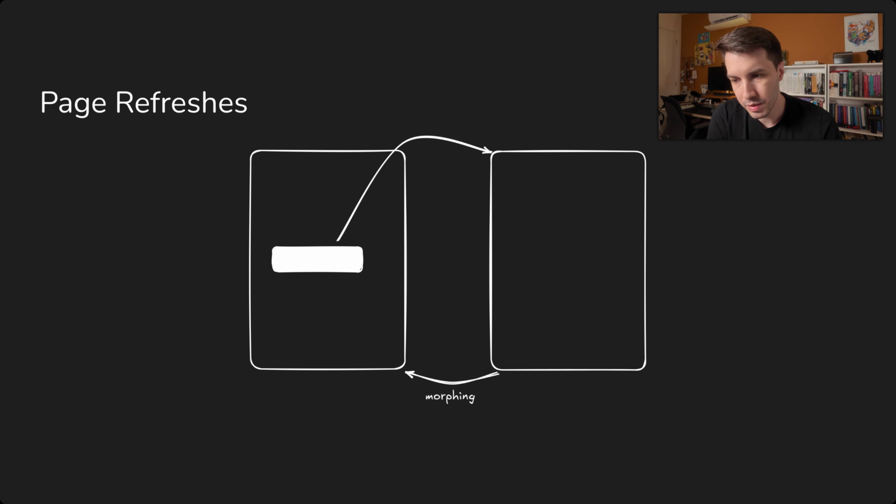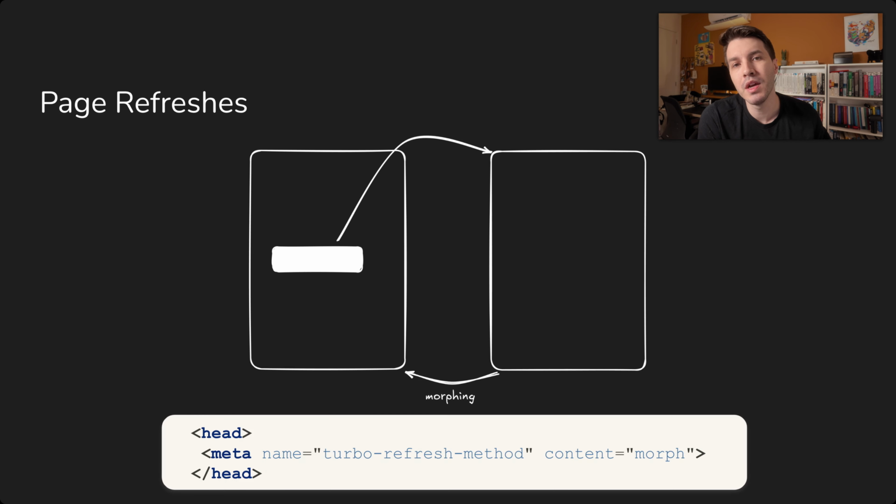In tuple 8, there were some new additions to this, which is, as I was saying, page refreshes. So page refreshes is really cool. We can activate a page refresh on specific pages or globally in the application, but usually that happens in specific pages that are very dynamic in nature. We can activate that, and it will use morphing.